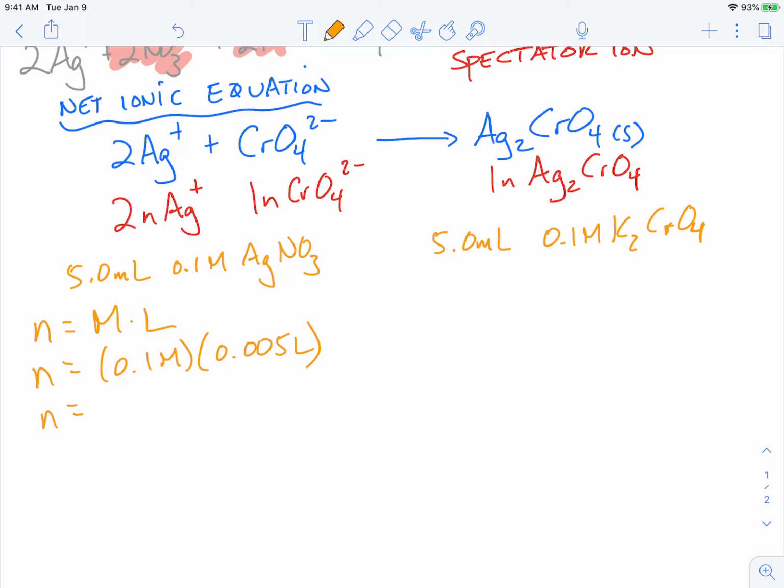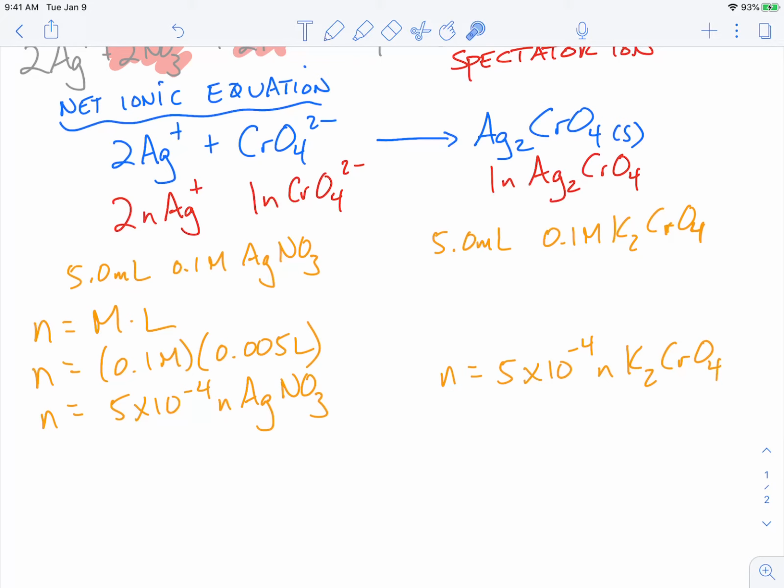So our moles of silver nitrate are going to be 5 times 10 to the minus 4 moles of silver nitrate. And because we used the same volume and same concentration of our potassium chromate, we have the same number of moles of potassium chromate.